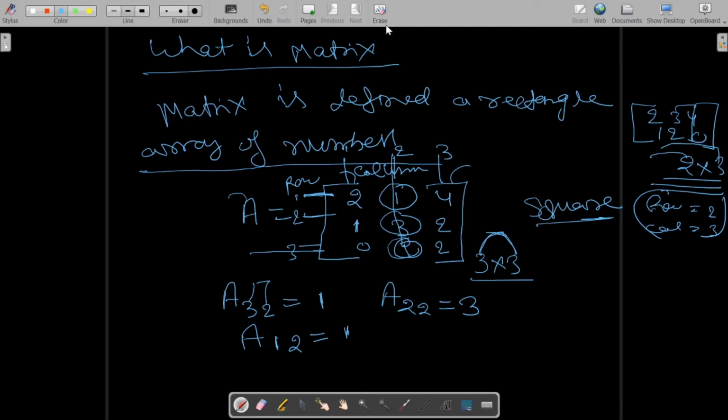Let's go to the product of matrices. When we have two matrices, we can perform matrix multiplication, or we can say the product of matrices. There is a condition for whether we can perform the product of two matrices or not. So let's see what to check before doing that operation.